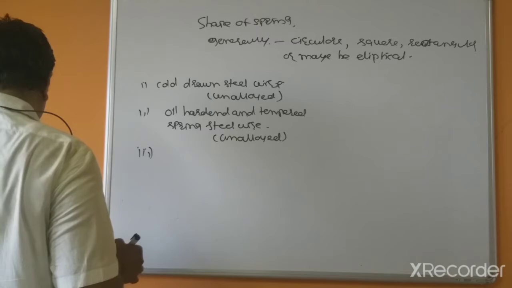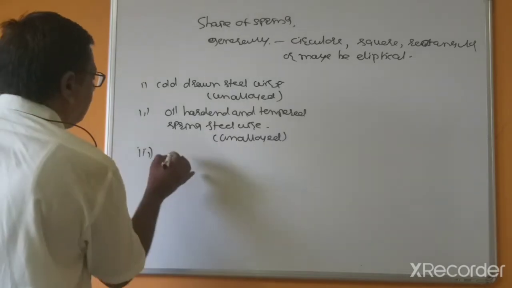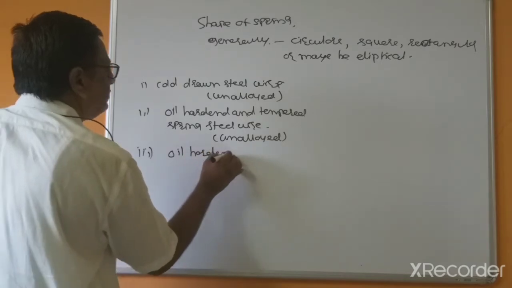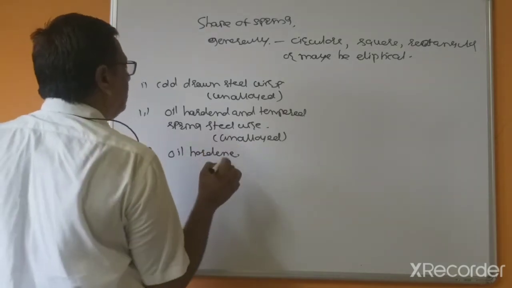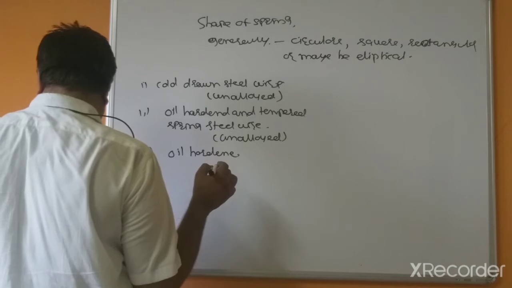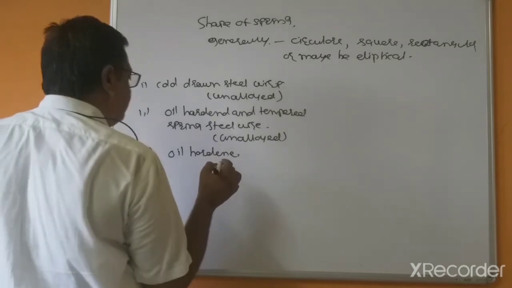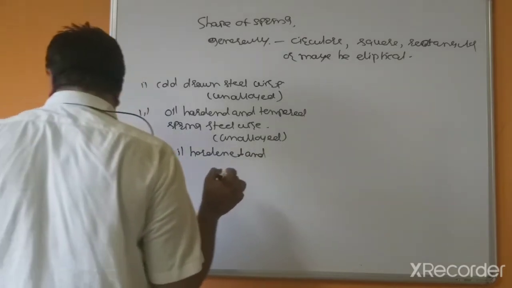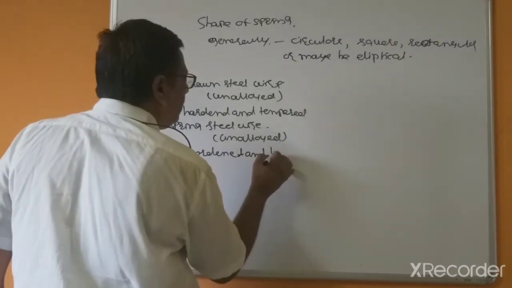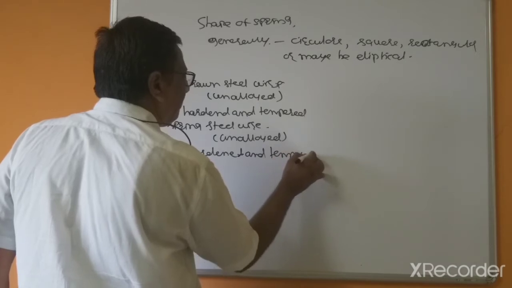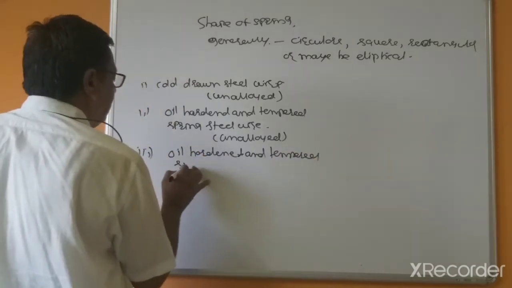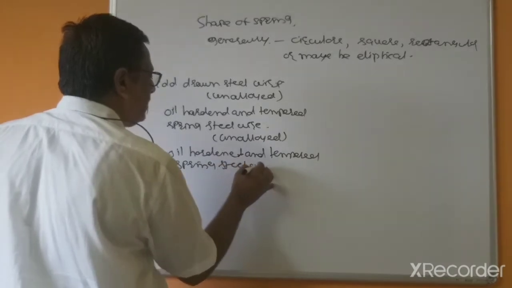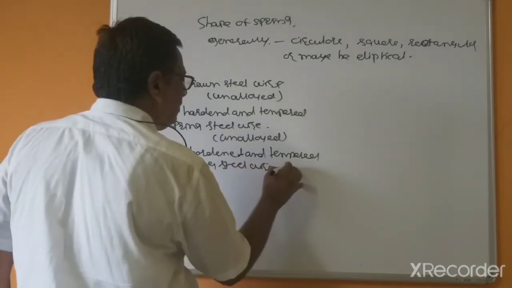Third is oil hardened and tempered spring steel wire, but this is alloyed.